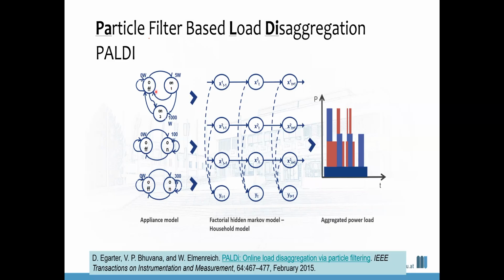In this case, we have a device that has not only one on state, but a second state that consumes more: 0 means the device is disconnected, 5 watts means the device is in standby, 1000 watts means the device is on. So we have a state machine where the device changes between 3 possible power states, and here we have 2 possible power states. And then we have a certain probability, so over time, the device might change its state.